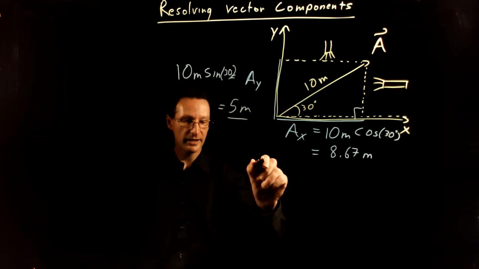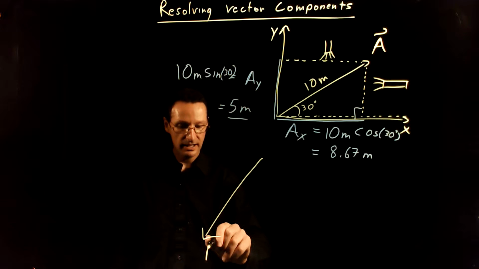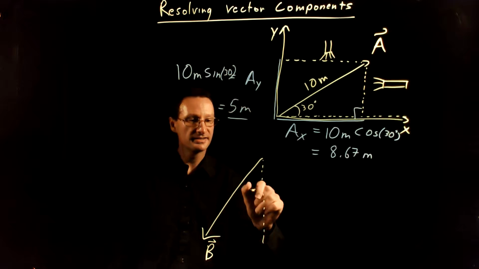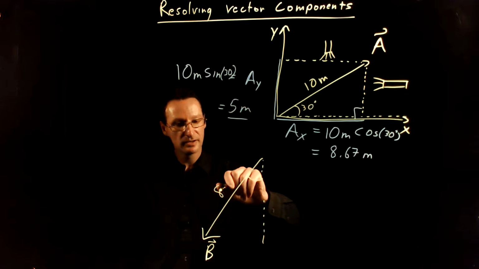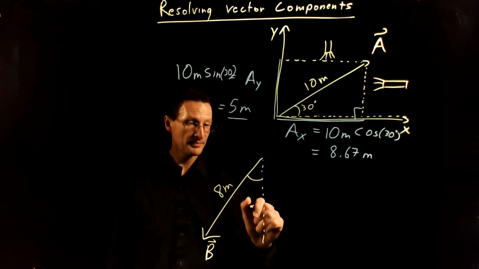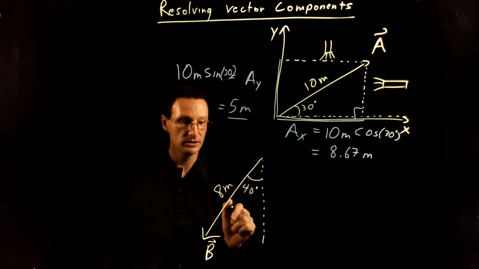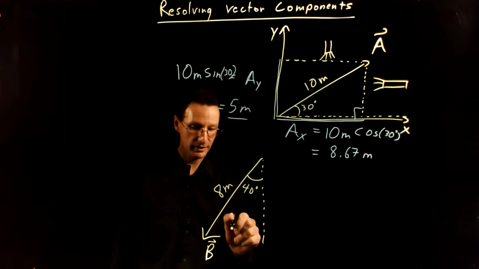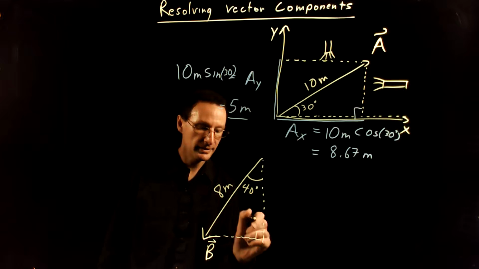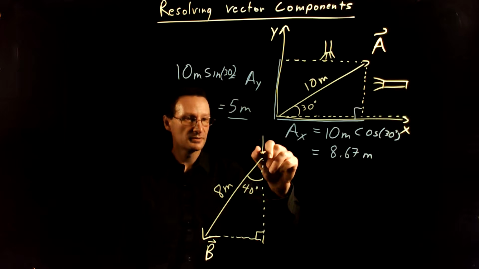So imagine we have another vector B that lies along this direction, and imagine it is 8 meters long, so the magnitude is 8, and remember the magnitude is always positive, and it has an angle of 40 degrees to the vertical. Okay, so this is a little different scenario. And again, I shine my flashlight here and I find my right triangle here, and I need to draw my x and y axis.